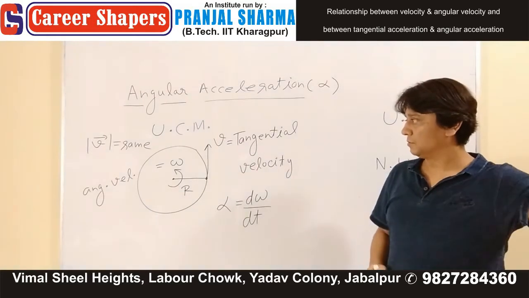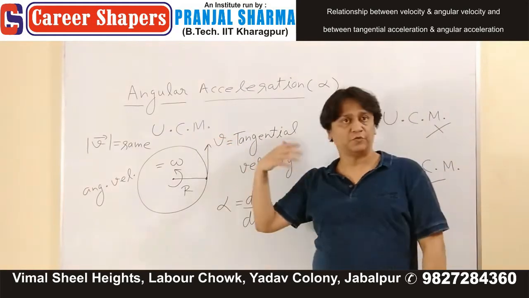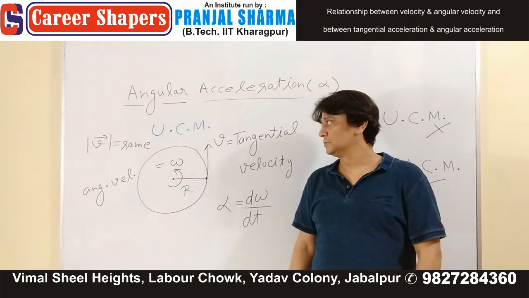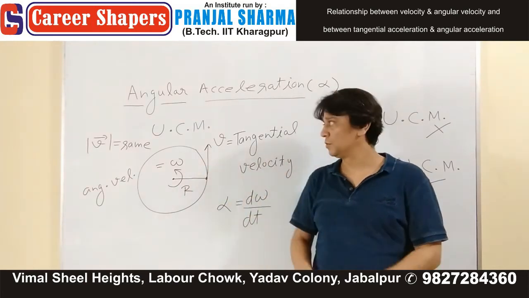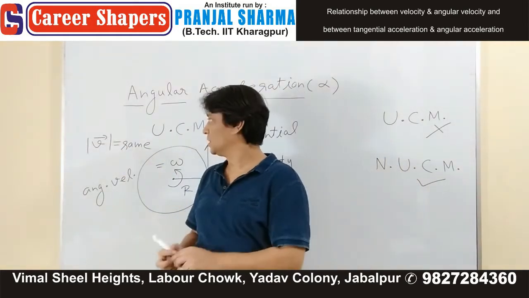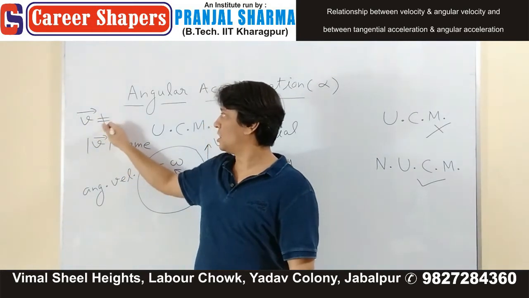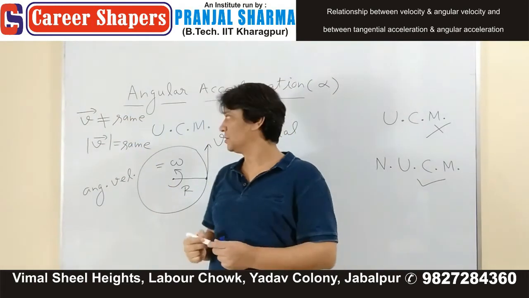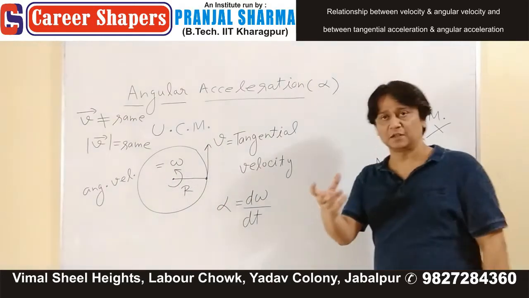Now, write down in the comment box. Let me see if you remember this or not. For UCM, is omega same or no? For UCM, V is not same. Direction is changing. Speed definitely is same. That's a fundamental thing.